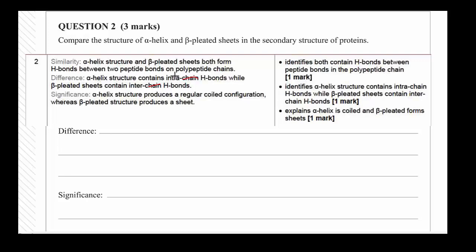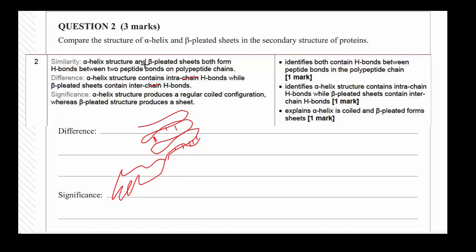The reasoning for that I've got in my notes, but because the beta sheets are quite long, they can actually be of the same molecule. Because the bonding is so far away, this could go on forever over here and then come back because it's so far away. They've gone for this terminology, intermolecular, even though really all of them are intramolecular.